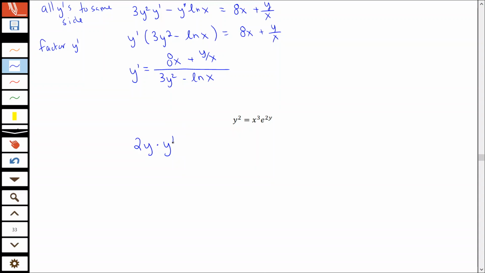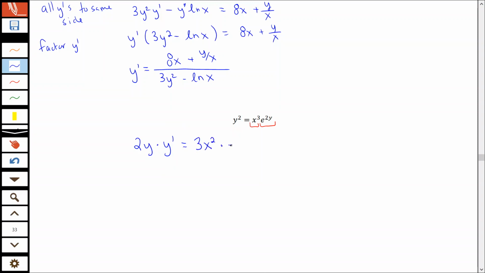On the other side of the equals though, have to watch, we have again a product rule. So derivative of the first, keep the second, plus keep the first, derivative of the second. So the derivative of x cubed, 3x squared.